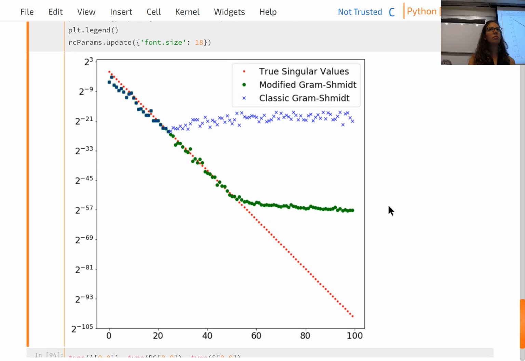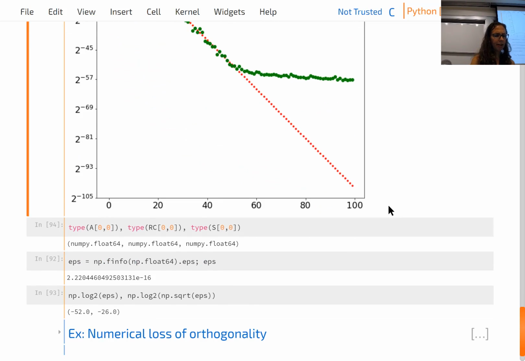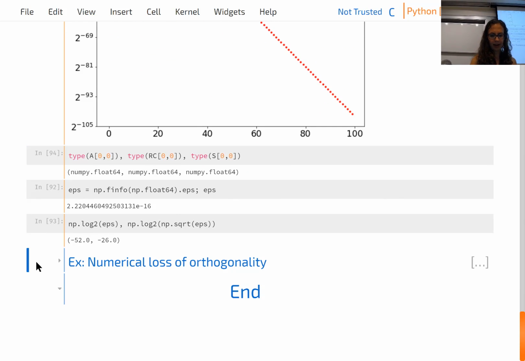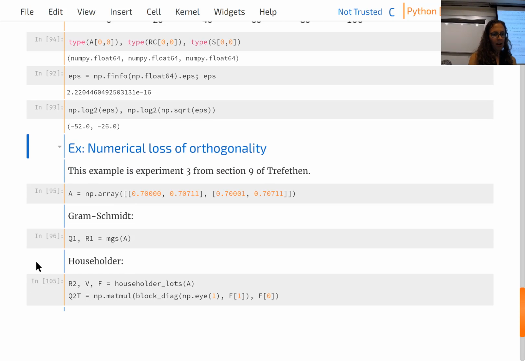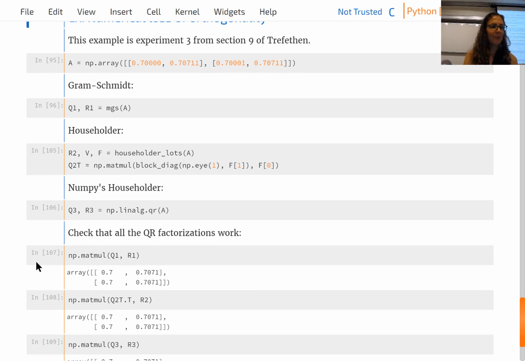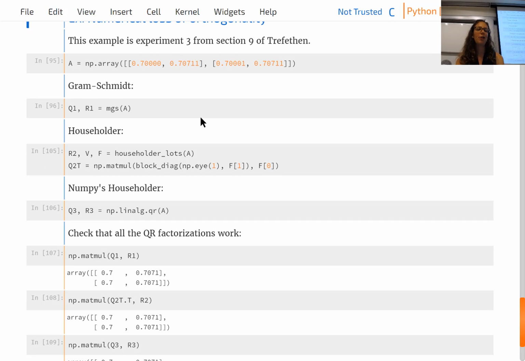Okay, so the next example we're going to look at is a matrix, and this is also coming from lecture 9 of Trefethen. So we have a matrix A that's 0.7, 0.70711, and then 0.70001, 0.70711.